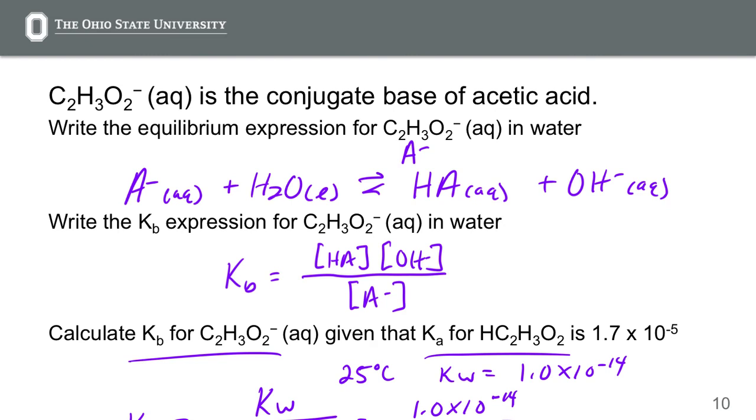And we end up with 5.6 times 10 to the minus 10. The answer that we got is for Kb. Oh, you're right. Sorry. I messed that up, didn't I? Yeah, I swapped my Ka for Kb.